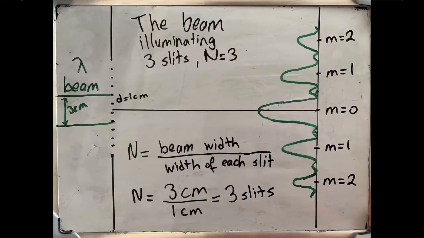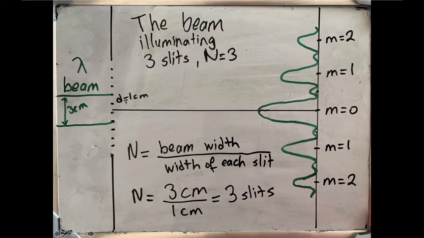Now on the screen, I have drawn a big single slit and representing a diffraction grating in front of it. It's been divided into sections of 1 centimeter each. So D between two consecutive slits is 1 centimeter. There's a beam of wavelength lambda, which has a thickness of 3 centimeters, illuminating this diffraction grating.